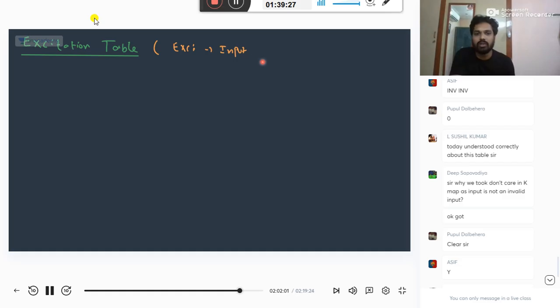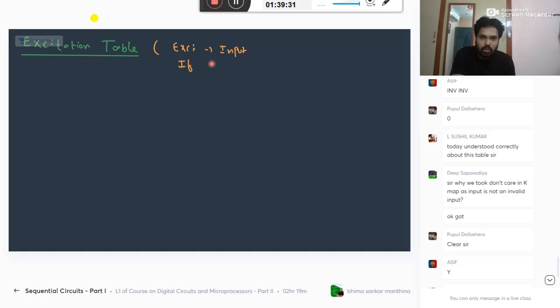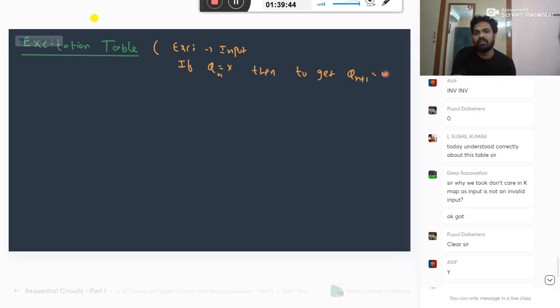What it will tell you is, if Q equal to X, then to get in the next state y, which can be 0 or 1, what are the inputs?